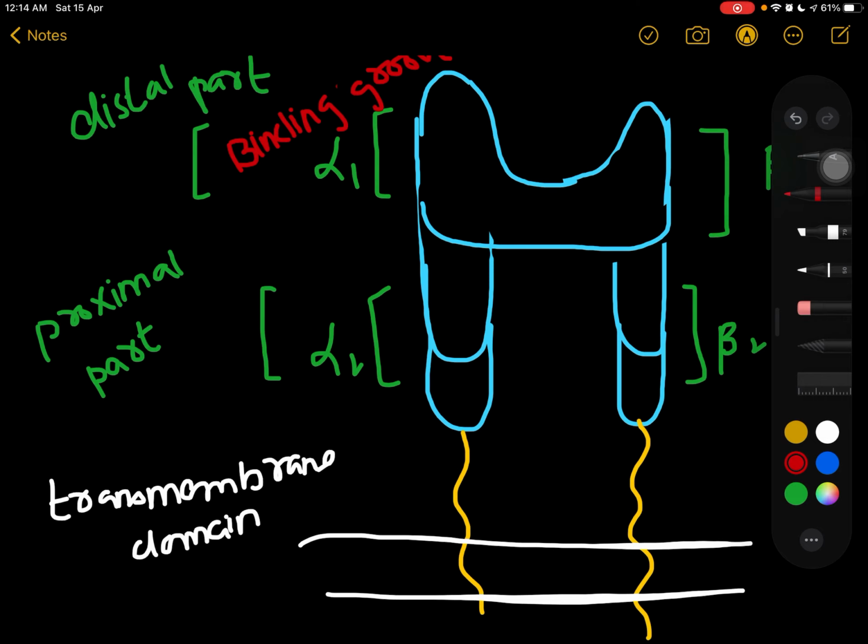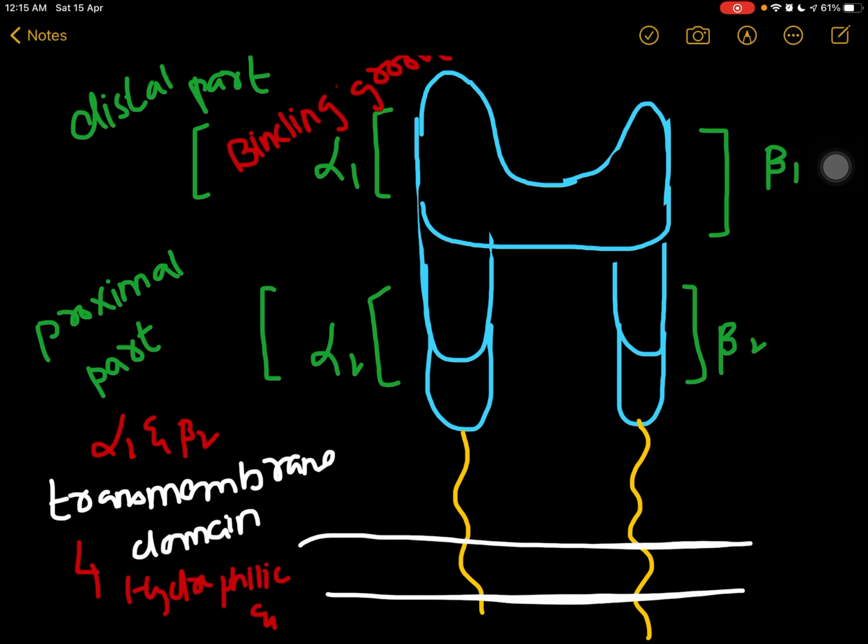This transmembrane domain is made up of alpha 2 and beta 2, and it contains a hydrophilic and a hydrophobic part, right?